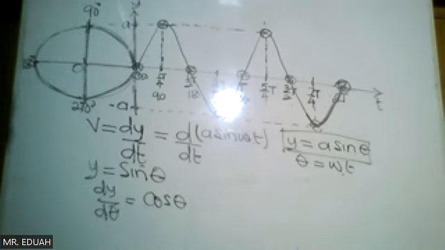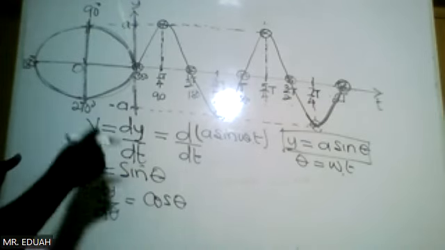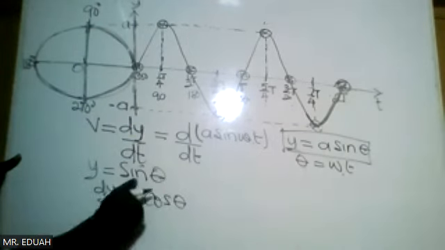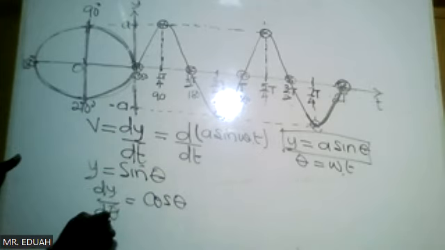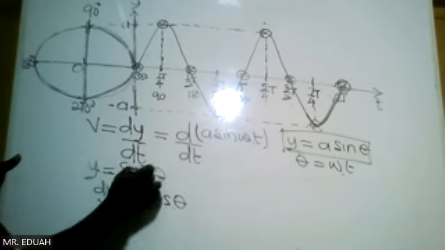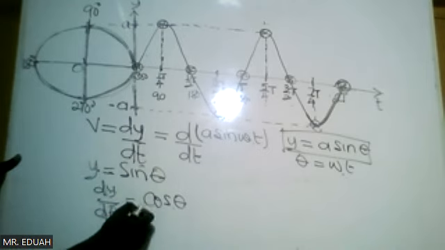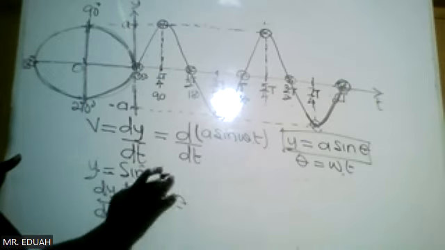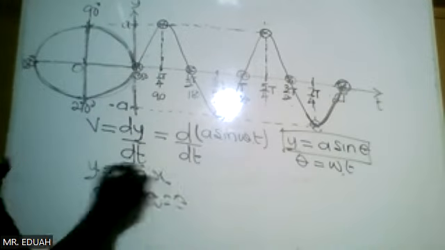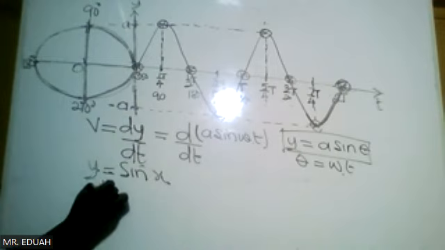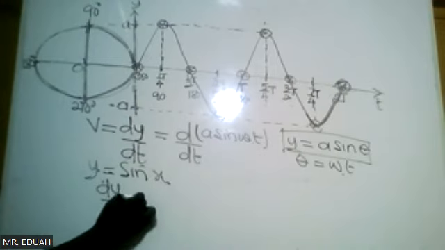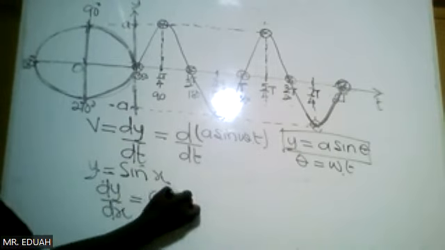Put that down. So if y is equal to sine theta, dy on d theta will be equal to cosine theta. If what we have here is x, then the angle is x, so the differential becomes dy on dx is equal to cos of x.